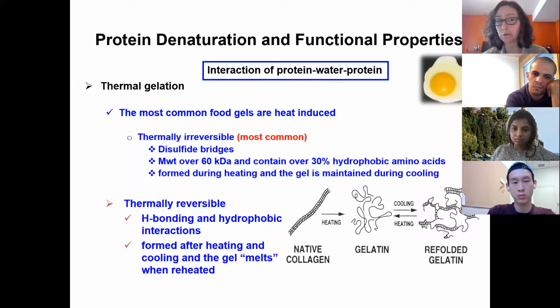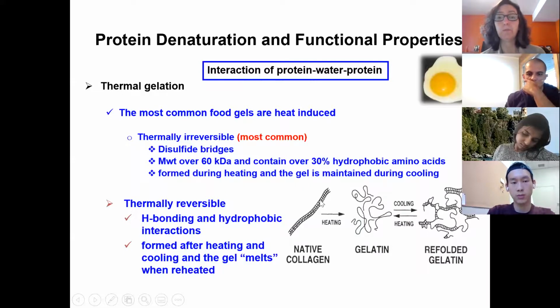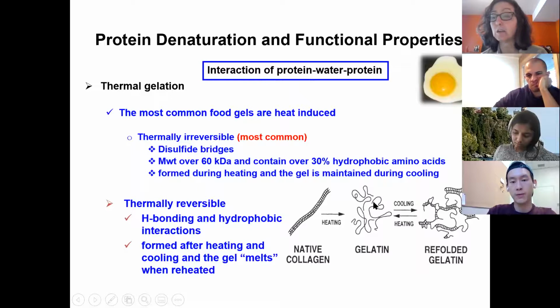But then you have the thermally reversible gels. And the common example is collagen. Collagen is made up of proteins that are stabilized by hydrogen bonding. And hydrogen bonding is destabilized by heating. And also electrostatic interactions are destabilized by heating. So you have more hydrogen bonding and electrostatic interaction than hydrophobic interactions. So when you heat, hydrogen bonding and electrostatic interactions are broken. So you get the protein filaments solubilized and doing hydrogen interactions with water.